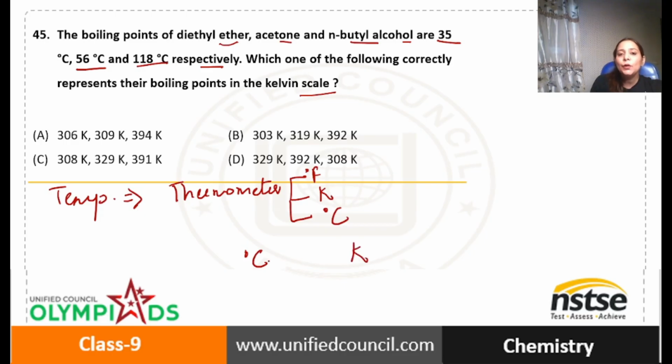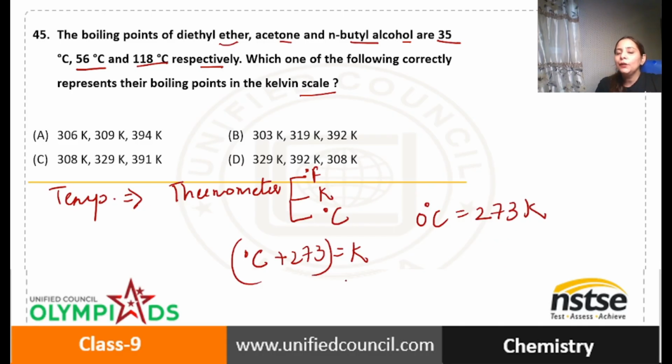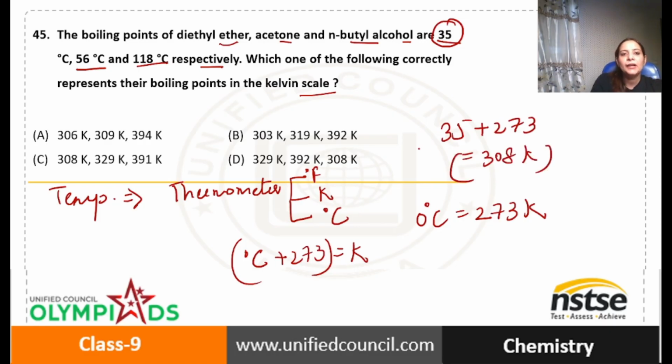So here we are talking about degree Celsius and Kelvin. So we can convert degree Celsius into Kelvin. How? By simply adding 273. The reason being 0 degrees Celsius is equal to 273 Kelvin. So let's say we have 35 degrees Celsius. 35 added to 273, you will get 308 Kelvin.